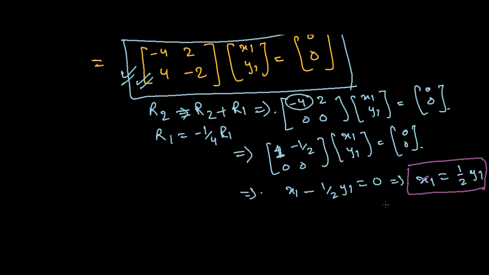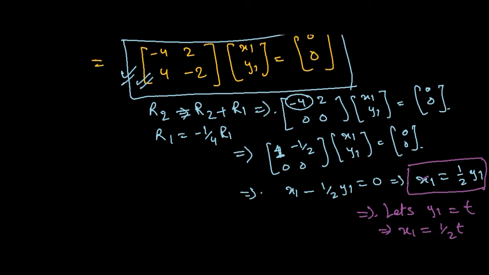After that, what you need to do is take any one variable as some constant. Let's suppose y1 is equal to t. Then what will happen to x1? x1 will be 1 by 2 t, right?